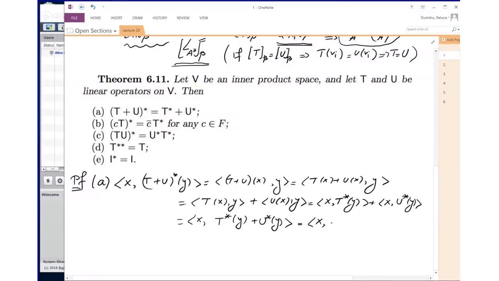And then regroup the second as the sum of two operators. And here it is.